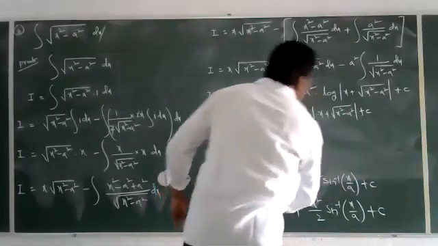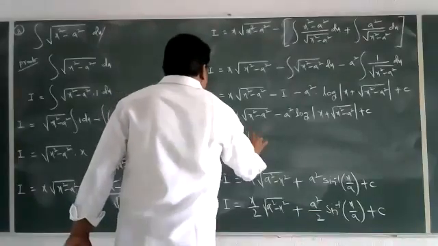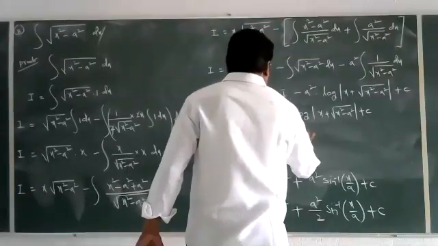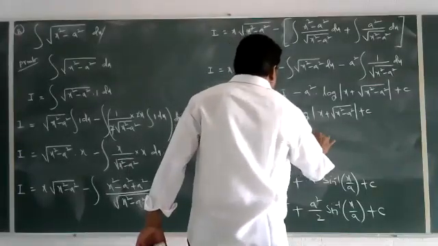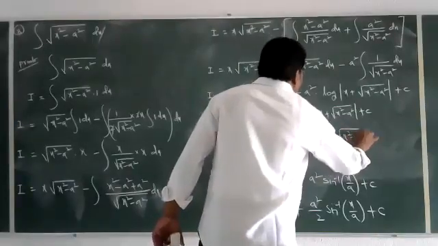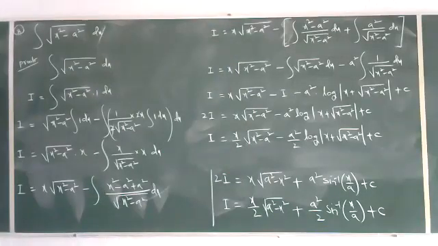Then dividing both sides by 2, I is equal to x by 2 into root of x square minus a square minus a square by 2 into log mod x plus root of x square minus a square plus c.